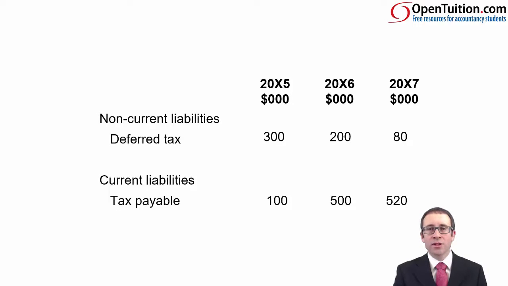What are exam questions going to throw at you? Anything. You just need to be careful. You need to read the question carefully. It might ask you to work out the deferred tax liability, so going to step 3. It might ask you to work out the movement, which is going down to step 4. It might even ask you to work out the temporary difference or the tax base.